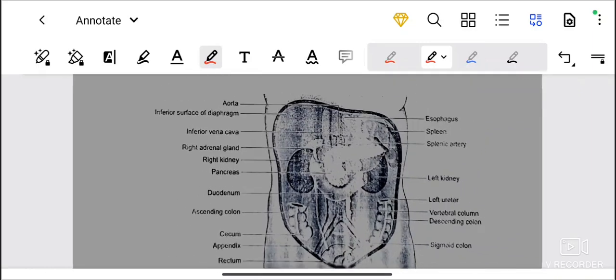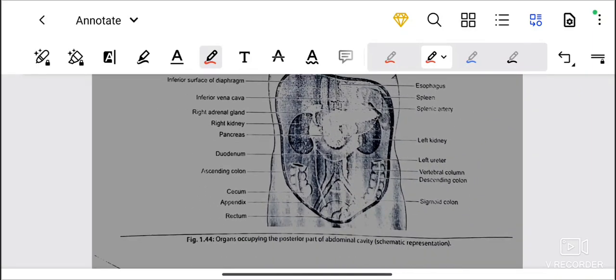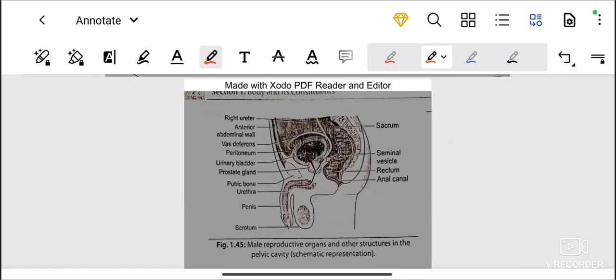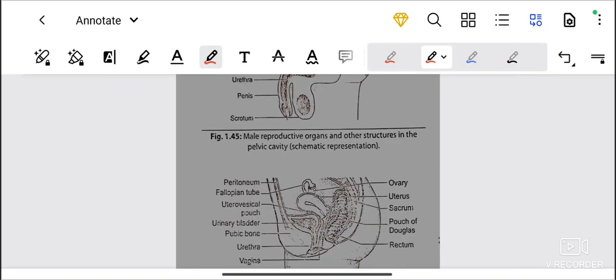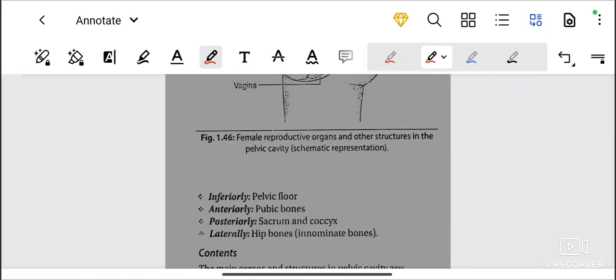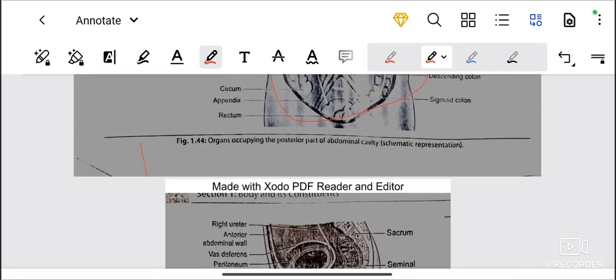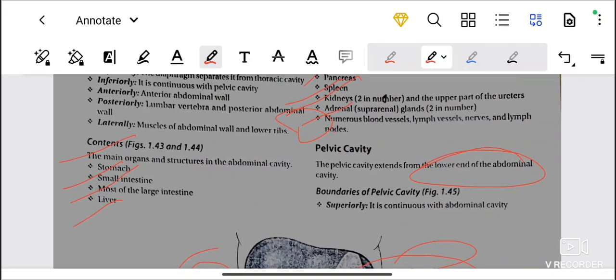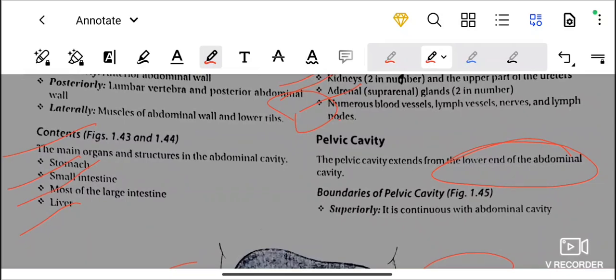Posterior part of the abdominal cavity. This is what will be present posteriorly. Pelvic cavity. The boundaries of the pelvic cavity: superiorly, it is continuous with the abdominal cavity.